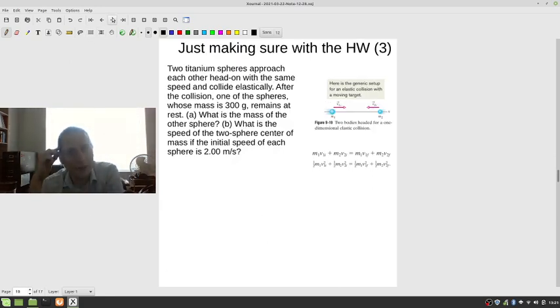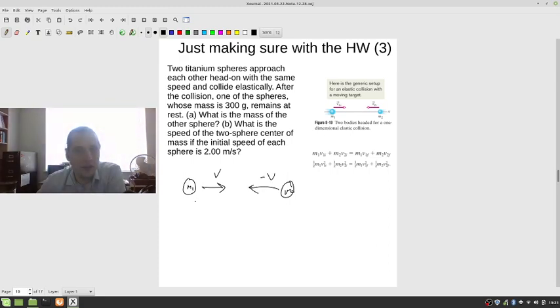It's kind of the same idea in this other homework problem that I gave you, where you've got two titanium spheres. They approach each other head-on with the same speed and collide elastically. So you've got M1 with V and M2 with a minus V. After the collision, one of the spheres, whose mass is 300 grams, remains at rest.